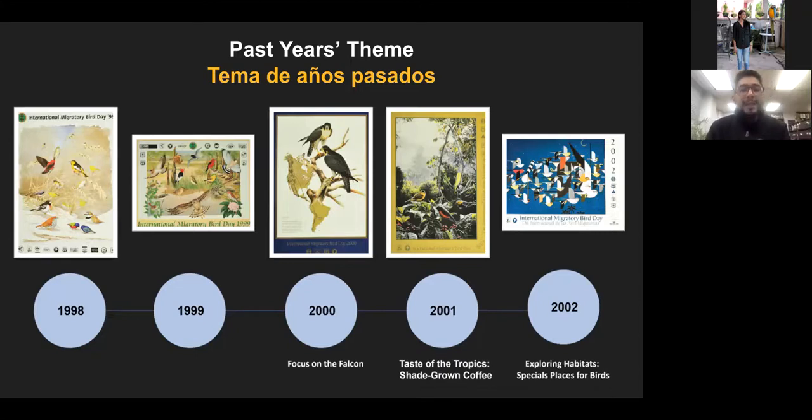This program was kept like this until 2018, when it changed its name thanks to the alliance with the UN, and now we call it World Migratory Bird Day. This is in order to know the conservation aspects and the problems related to birds. So these are themes that we've shared in the past.